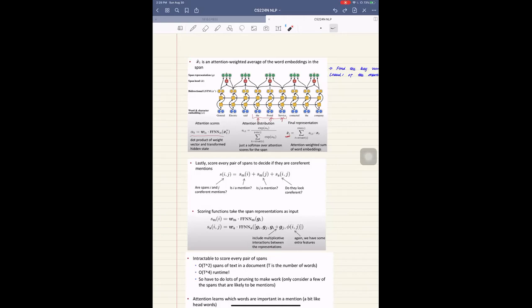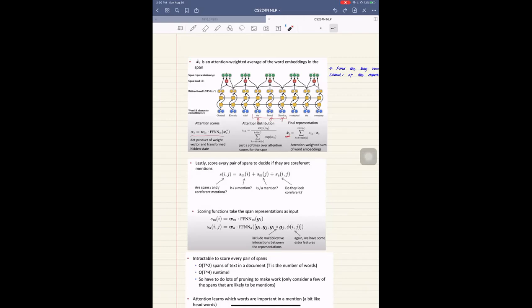If we can't find a mention, we can't start from the first step. So what attention does here is, for each word, it finds the linkage between this span representation and that word. That is, for the postal service, how much importance should we attach to "the," how much importance to "postal," and how much importance to "service?"